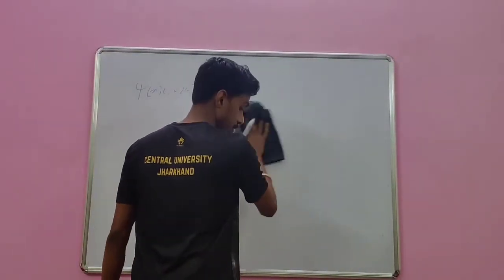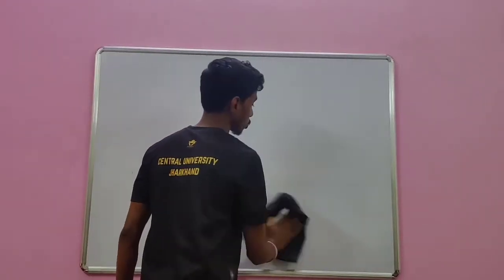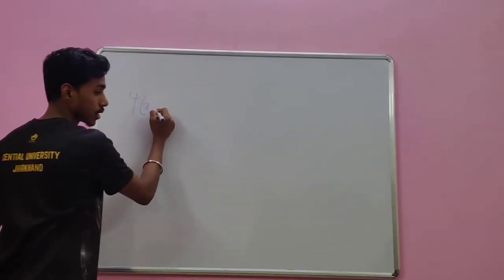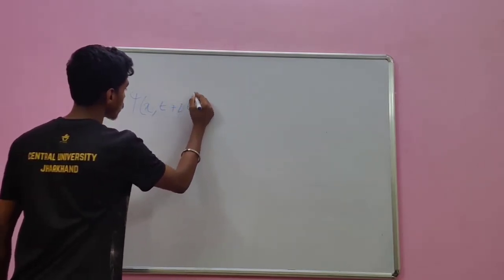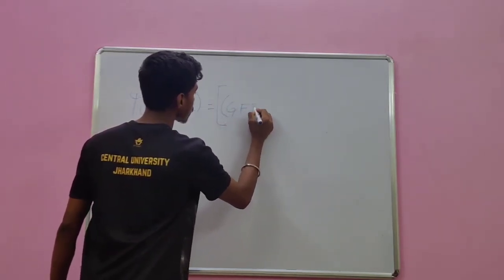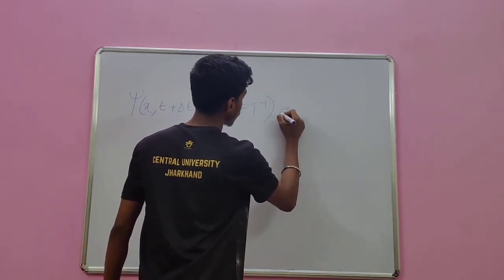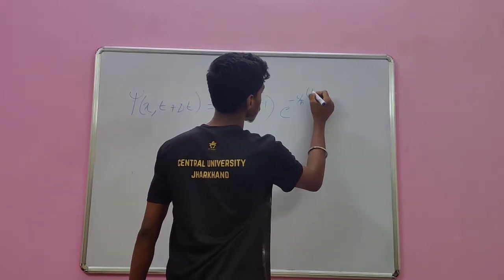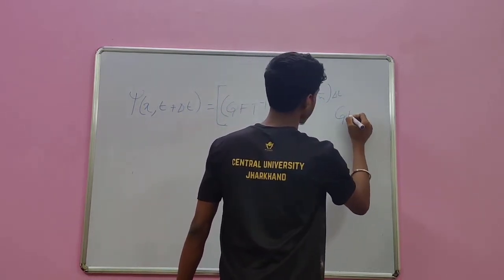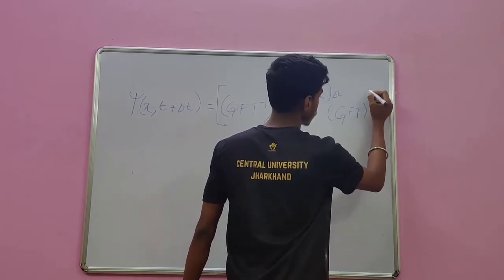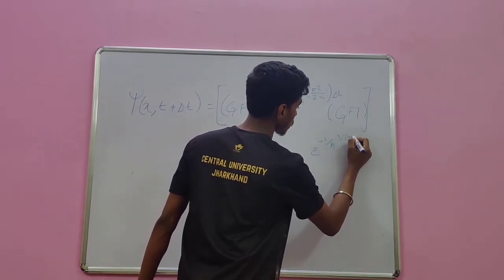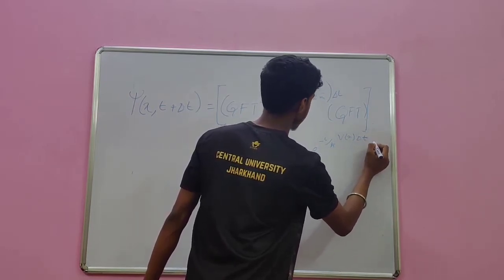So the initial Schrodinger equation, the wave equation, which we are going to simulate, is psi of x, t plus delta t, equals QFT inverse, e to the power minus i by h cross p square by 2m delta t, QFT, times e to the power minus i by h cross V(x) delta t.